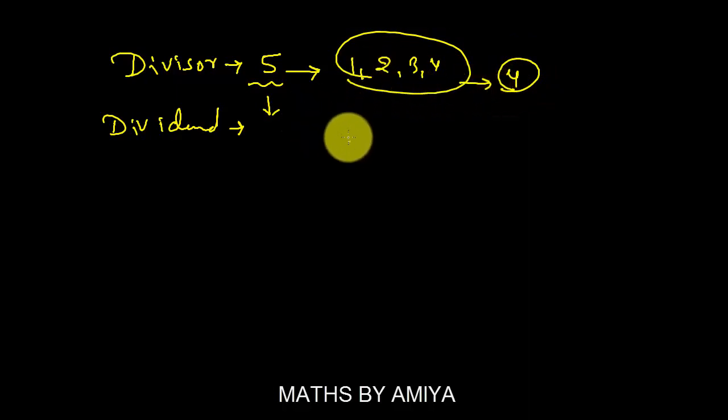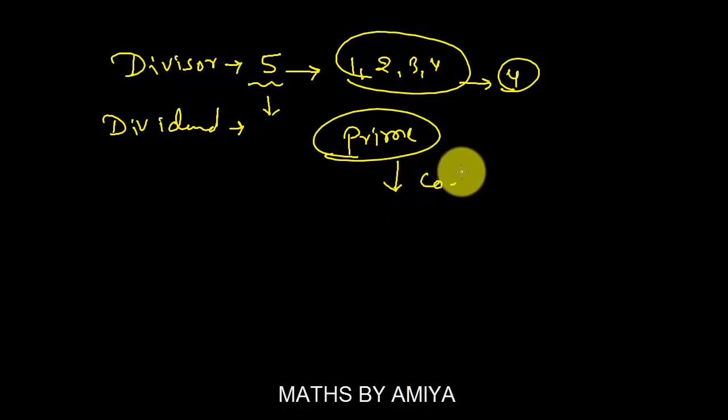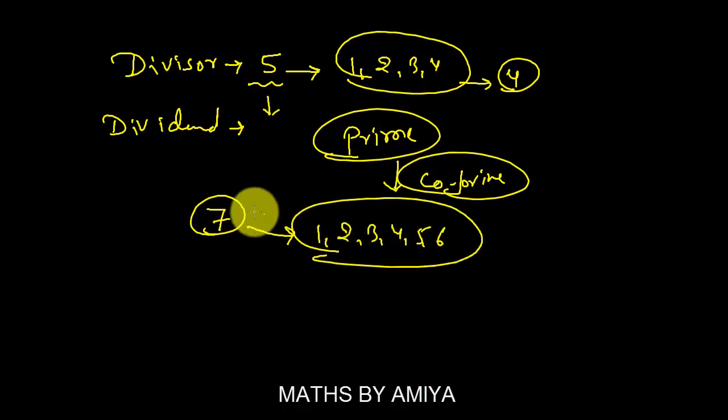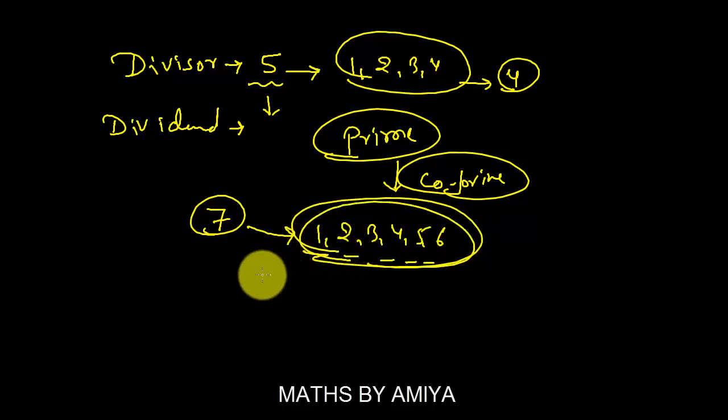Why so? If you take any prime, all numbers less than that prime are co-prime to it, because there is nothing common between a prime and the other numbers. Take the example of 7. All the numbers less than 7, say 1, 2, 3, 4, 5, 6, are co-prime to 7. So these values could be the remainder when 7 divides another number.